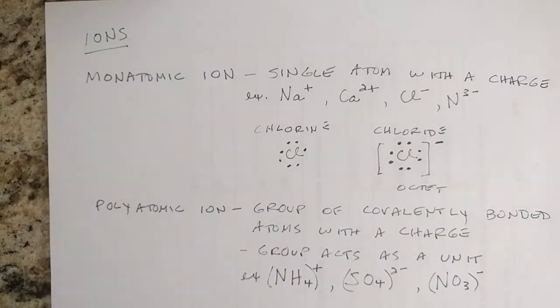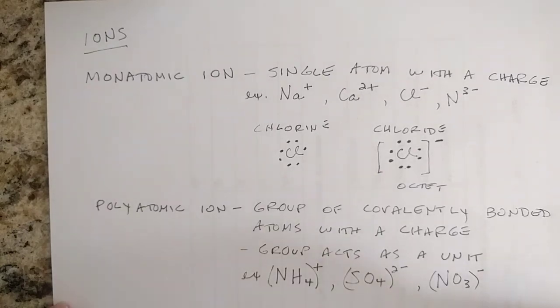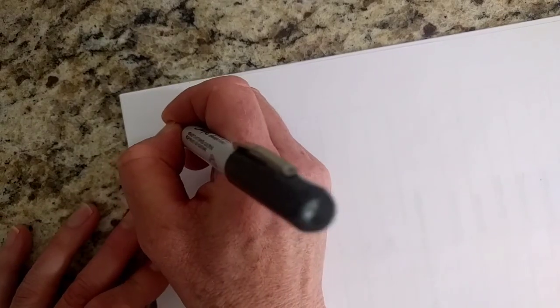And now we're going to learn how to do Lewis structures for polyatomic ions. It'll be very similar to how we learned to do Lewis structures yesterday. The only difference is we're going to have to account for the charge in terms of the valence electrons when we do our structures. Okay, so let's do NH4 plus first.